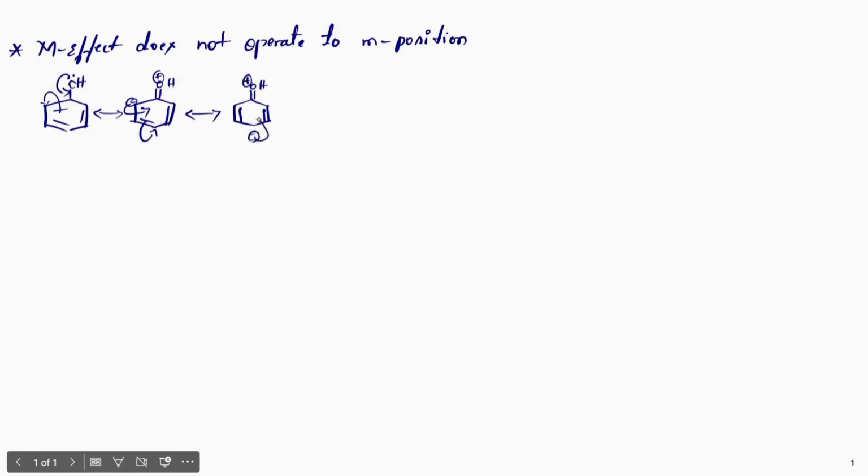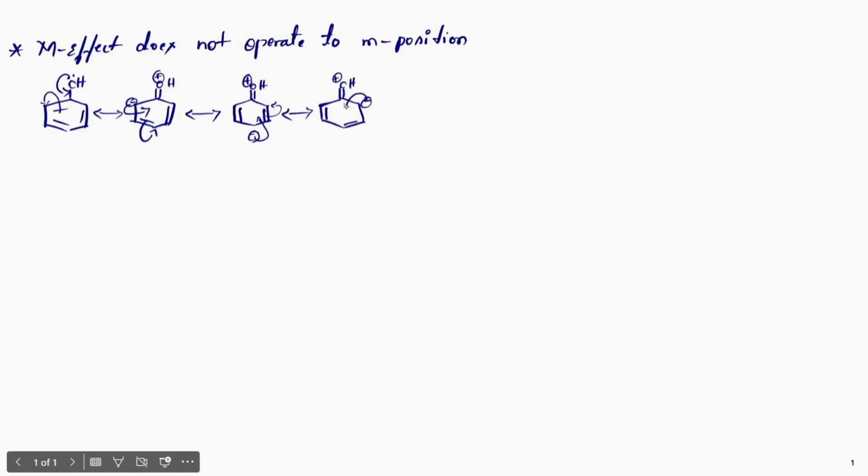Again this negative charge is involved with the resonance. That can be written as here double bond, OH, positive charge on oxygen, here double bond, and here negative charge.